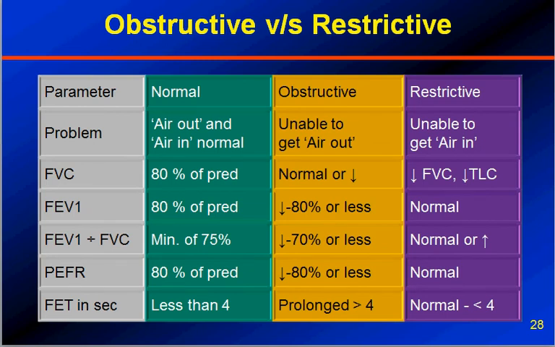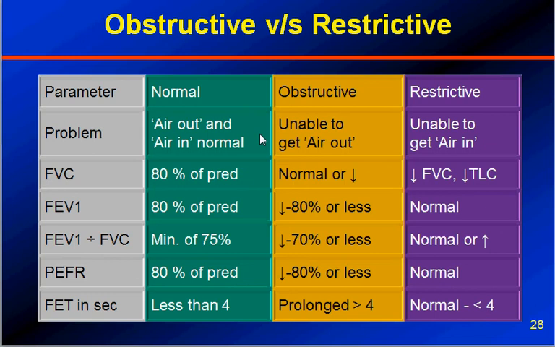This table summarizes the features of obstructive lung disease and restrictive lung disease as compared to normal lungs. In the normal lung, there is no problem in the air in and air out. Both the inspiratory capacity and the expiratory capacity are normal.